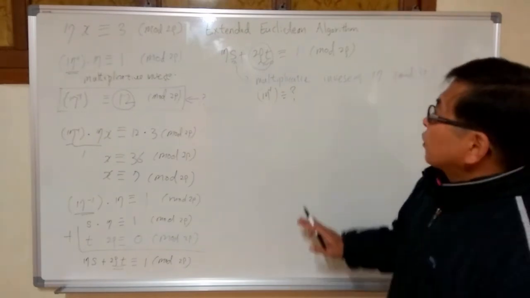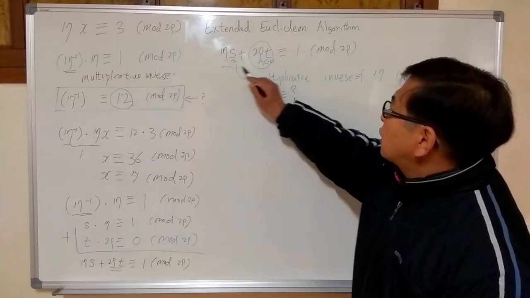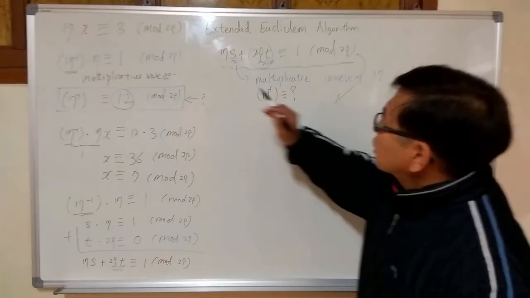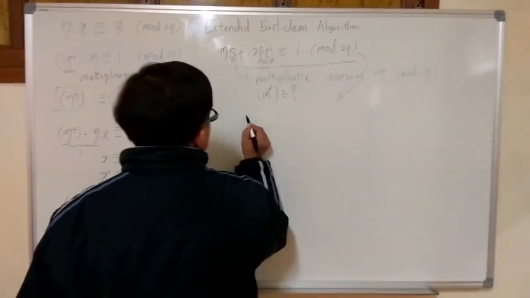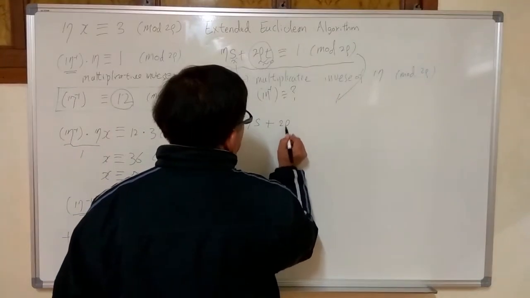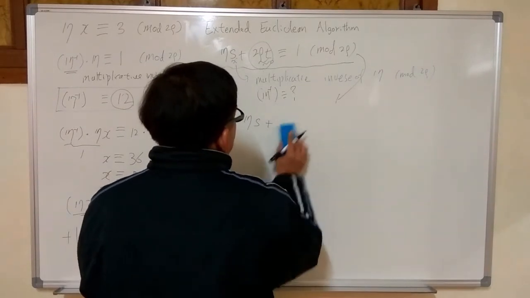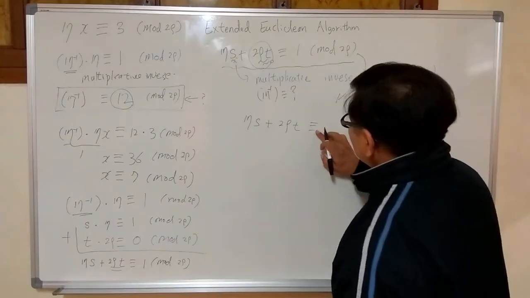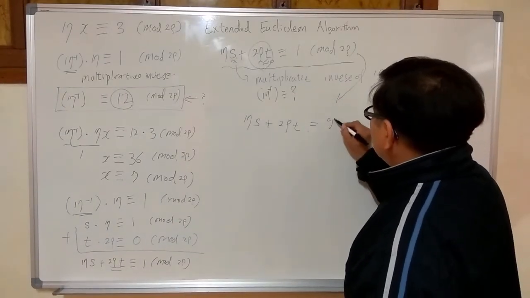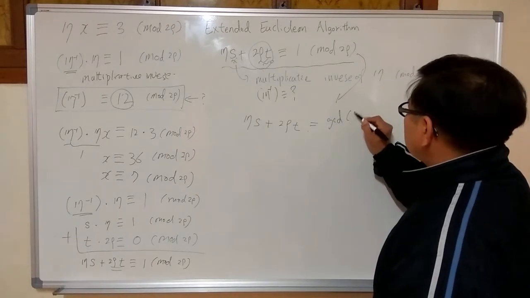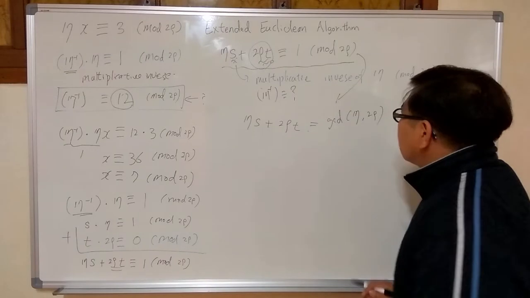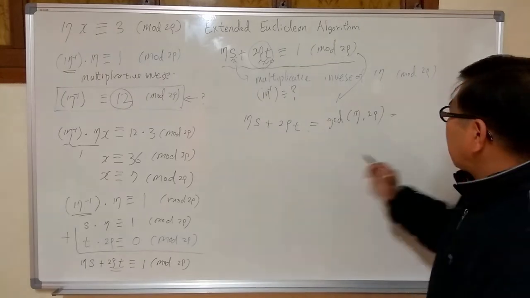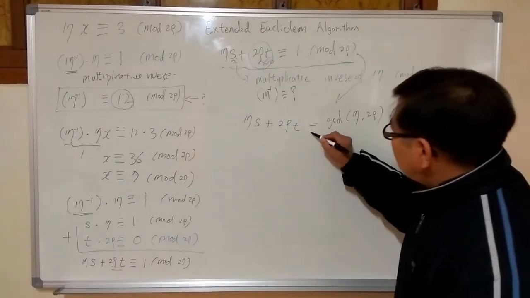In this session of video, the extended Euclidean algorithm actually solves this equation. Because if we can find s and t, then we can solve problems like this. For example, if we can find 17s plus 29t, this side does not need to be mod 29. This can be the GCD, the greatest common divisor of 17 and 29. If the GCD of 17 and 29 is 1, then it becomes like this.